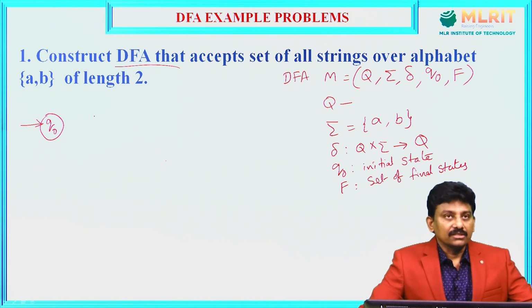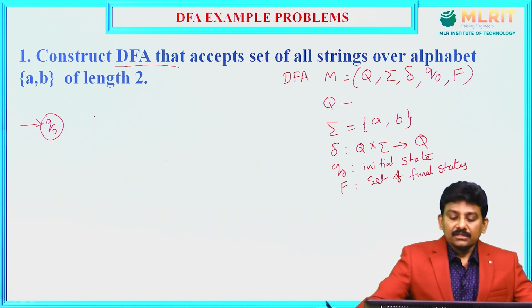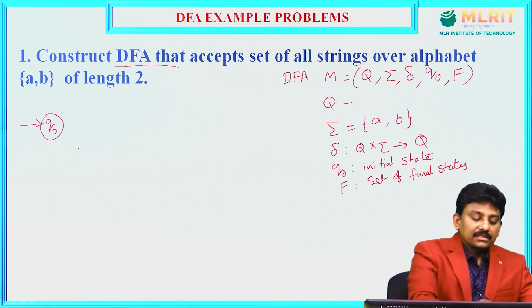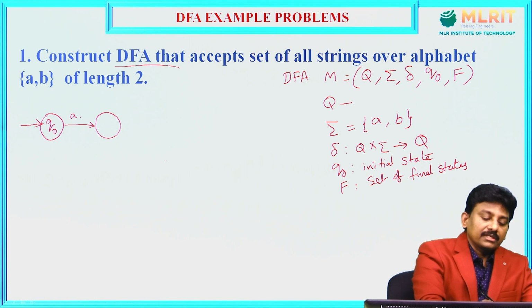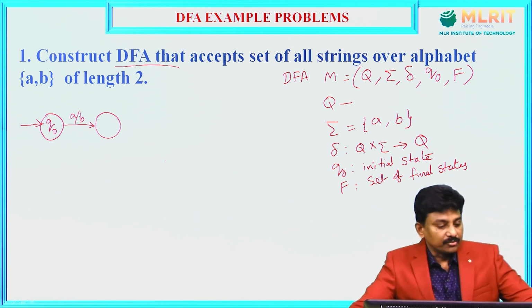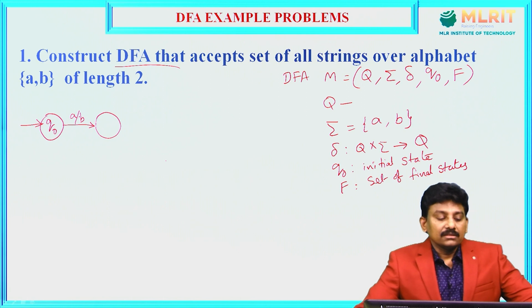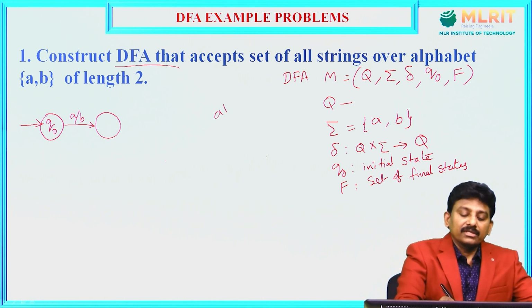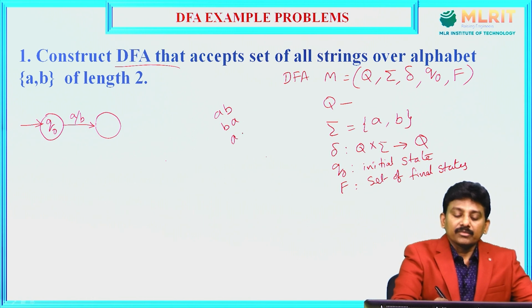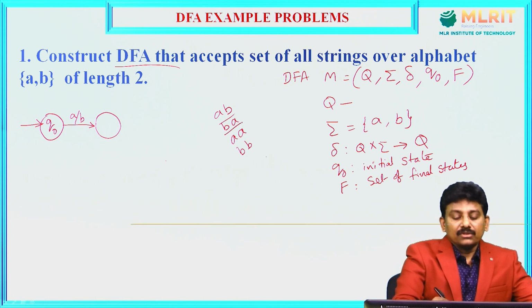From the initial state, I can go to the next state for input either A or B. The first symbol may be A or may be B. So, the string may begin with A or begin with B, but the length should be 2 only.